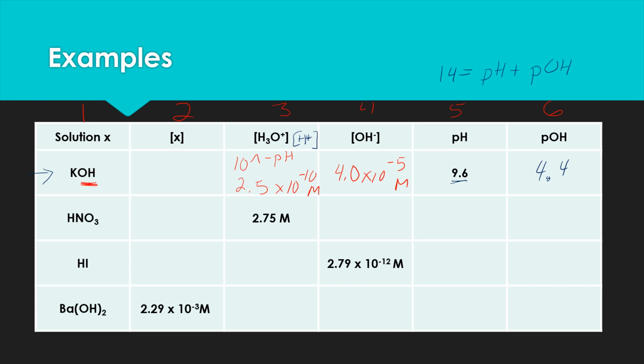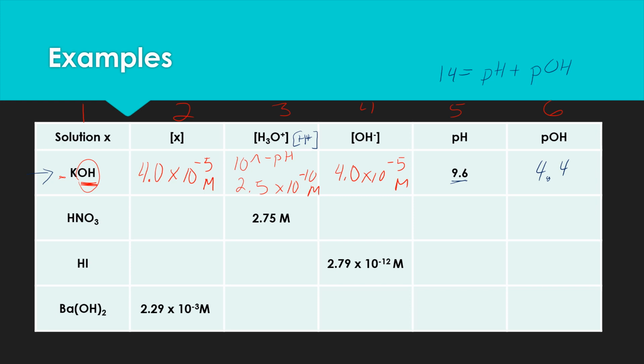There's one hydroxide in our solution when it breaks apart versus one of these chemicals. So it's a 1-to-1 ratio. So our hydroxide is going to equal our concentration of our whole solution. Again, all of these are strong acids or bases, so that hydroxide and the whole chemical solution's molarities will be equal.